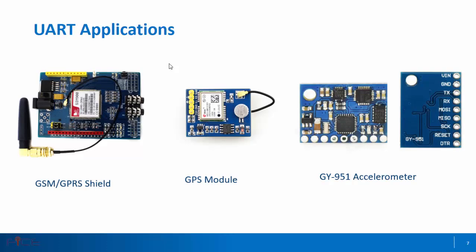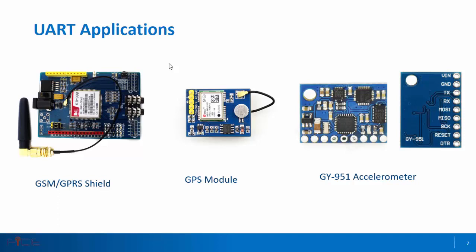UART is often used for communicating with external devices. One of the applications of UART includes GSM or GPRS modem for exchanging AT commands.